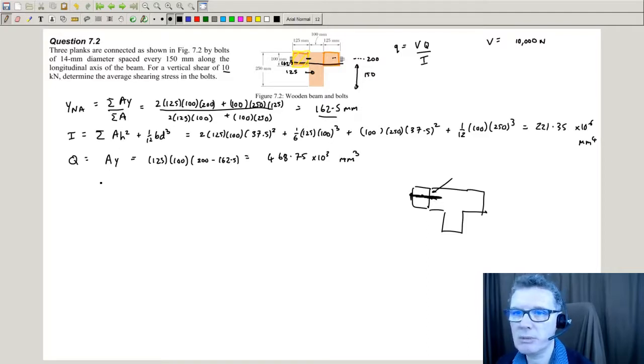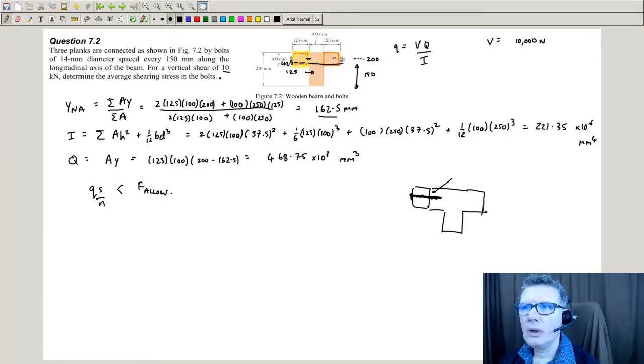So that makes that particular statement a little bit easier. So if I was doing Q, what would be Q's allowable force, it would simply be that the number of bolts here is going to be 1.